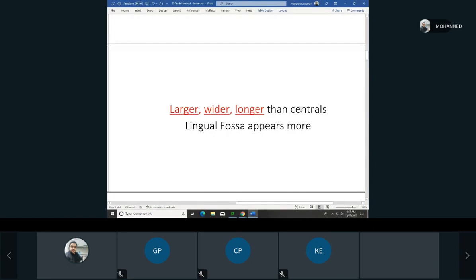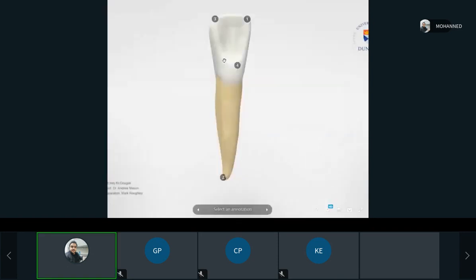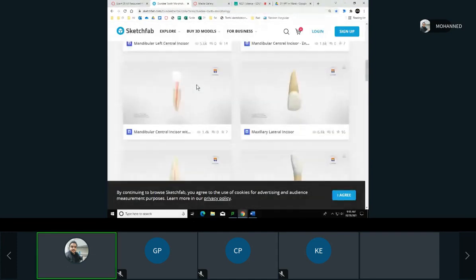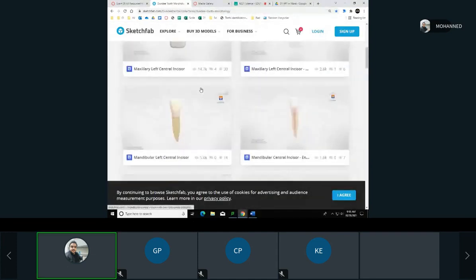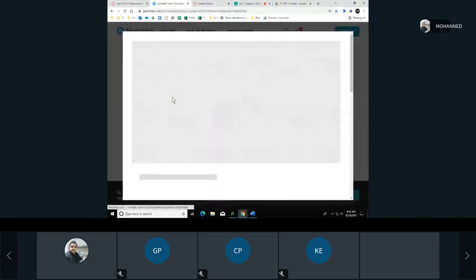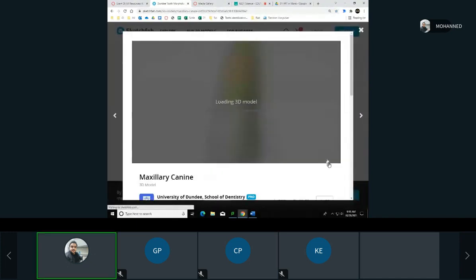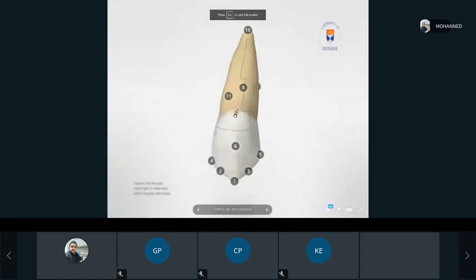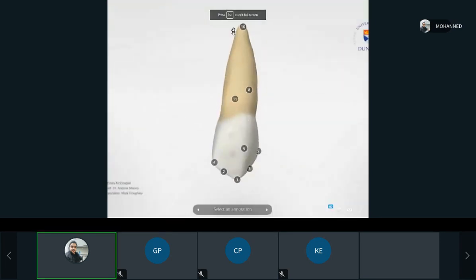Okay, moving on to canines now. Let's see the maxillary canine. We'll talk generally about canines before we start, and then we'll talk about the maxillary canine. Generally, all canines have how many roots?